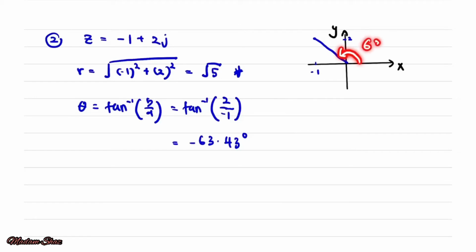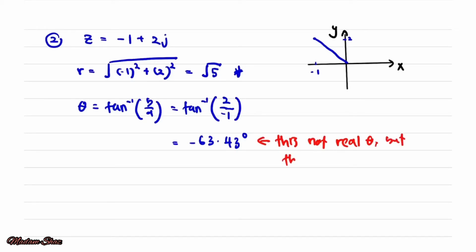Is it possible or not? It's not possible, right? Because x and y here, this one is 90 degrees. So how come this one will become 63? So that's why this is not the real theta. This is the reference angle or the alpha. Okay, this is not the real theta.